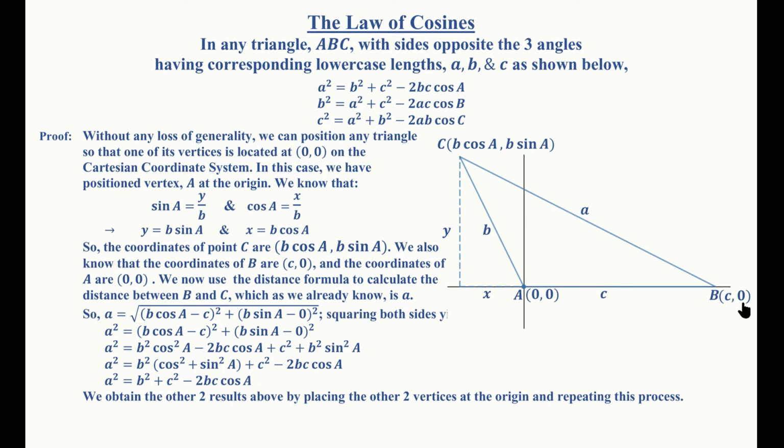Now what we'll do is use the distance formula to find the distance between C and B, which is of course just a. From the distance formula, the distance is going to be the square root of quantity x2 minus x1 squared, plus quantity y2 minus y1 squared.